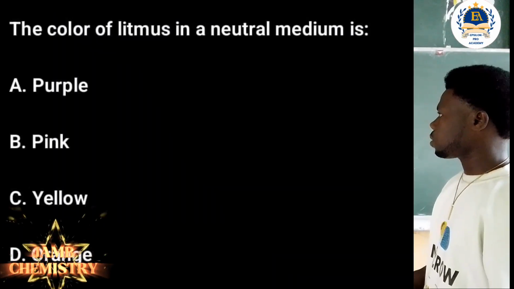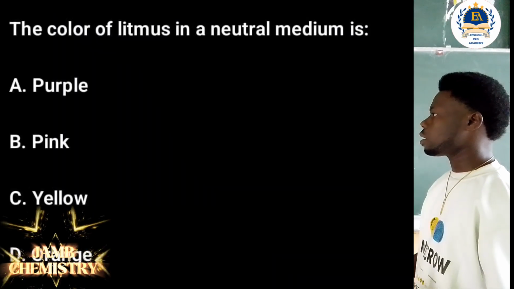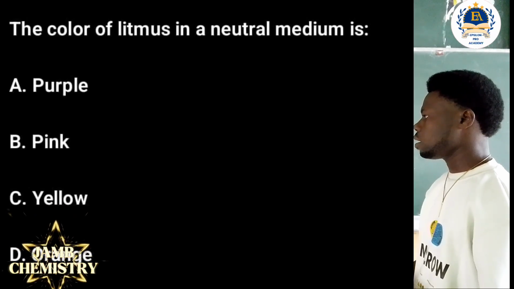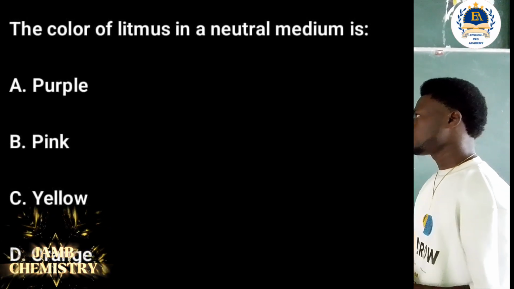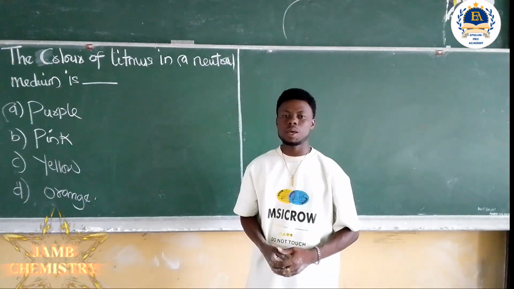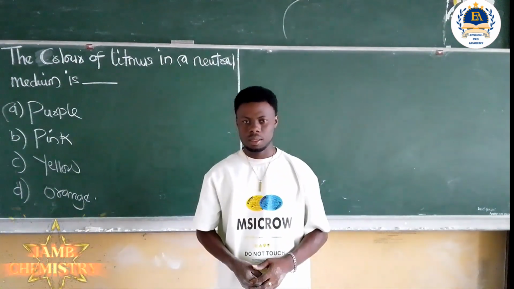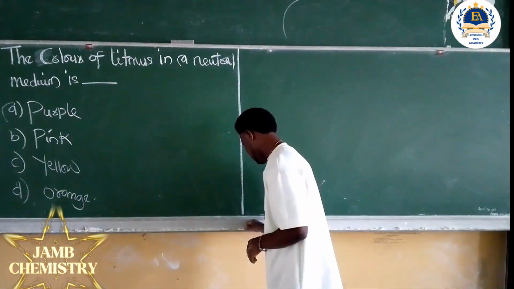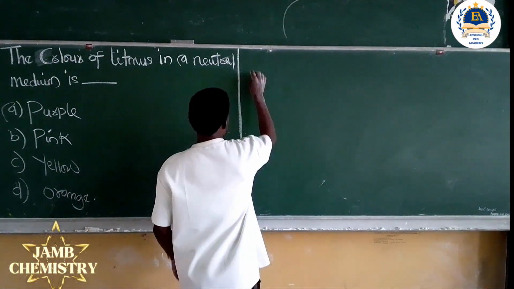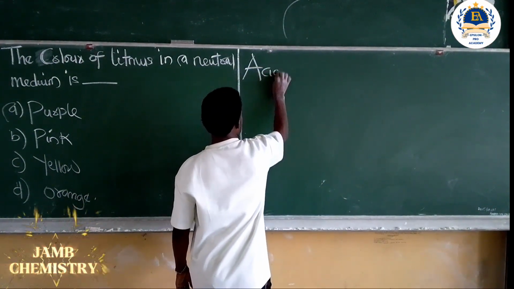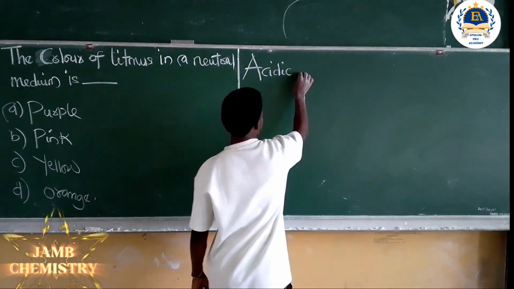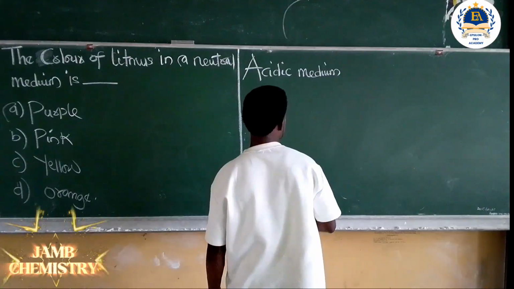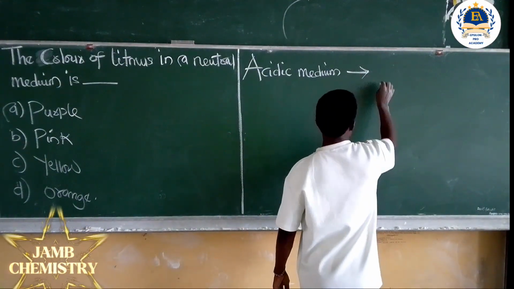The color of litmus in a neutral medium is dash. Option A purple, B pink, C yellow, and D orange. Litmus paper is an acid-base indicator. It changes color depending on the medium. In acidic medium, the color of litmus is red.